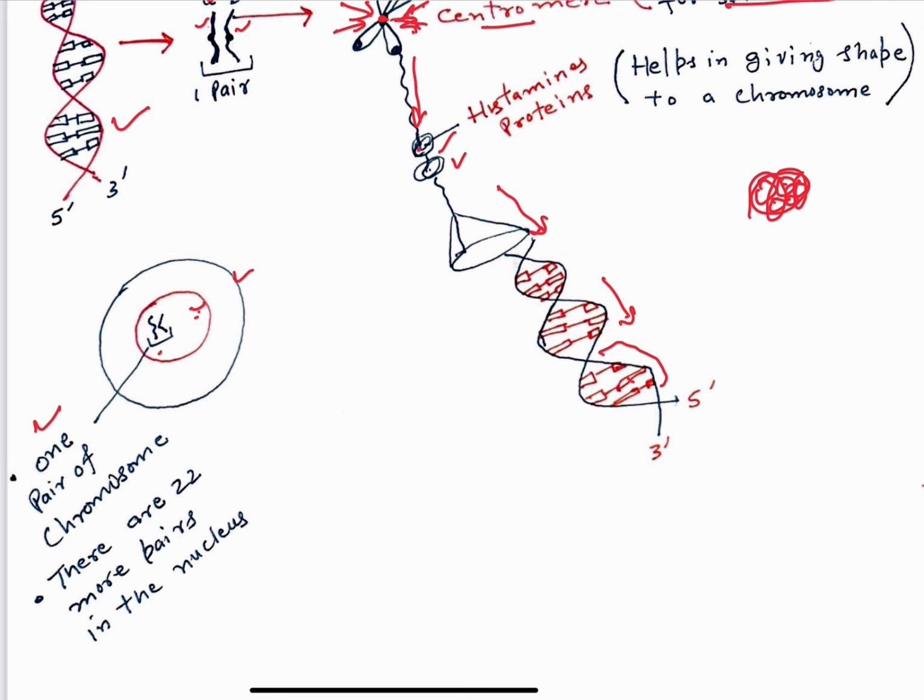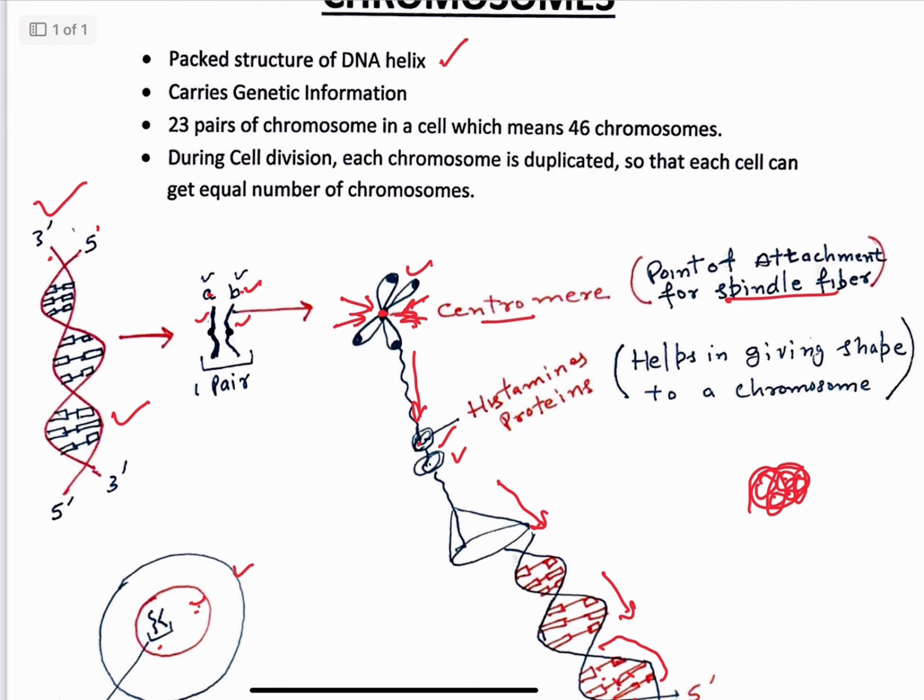How those nucleotides are joined together, what sequence they are in the structure of a DNA, that makes a particular gene. And we will talk about how genes are going to be activated from this structure of a chromosome later in our chapters. So that's about it from this video.